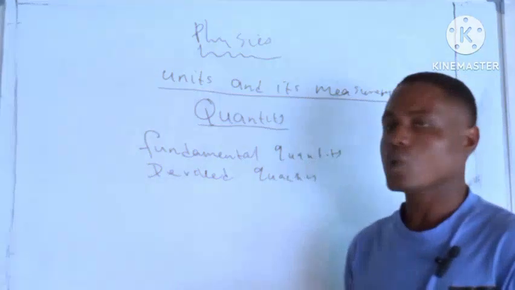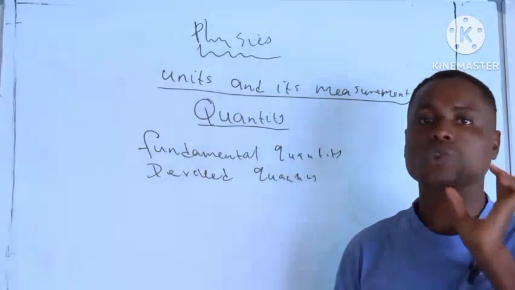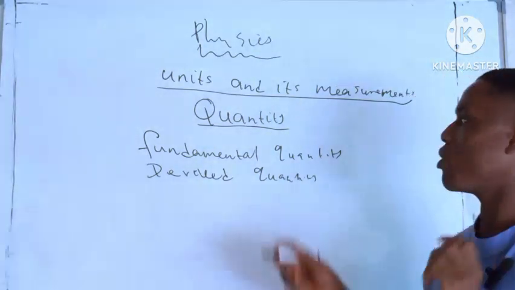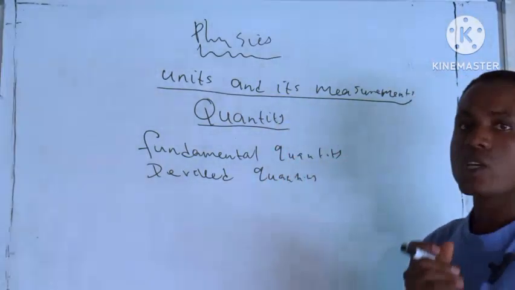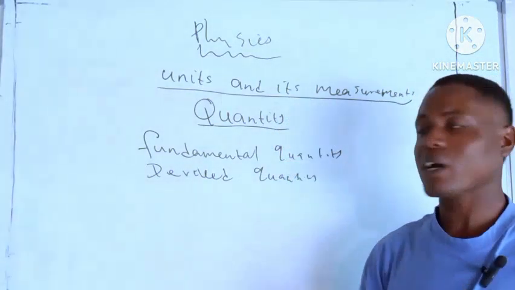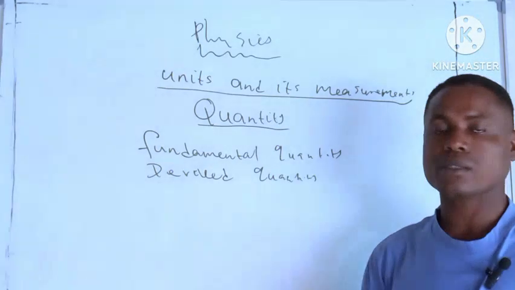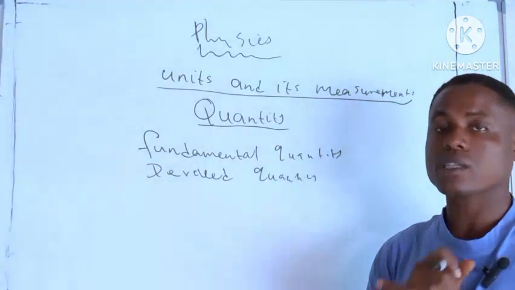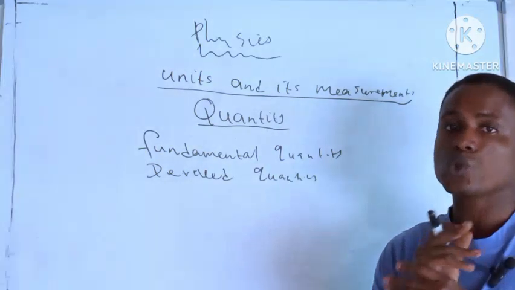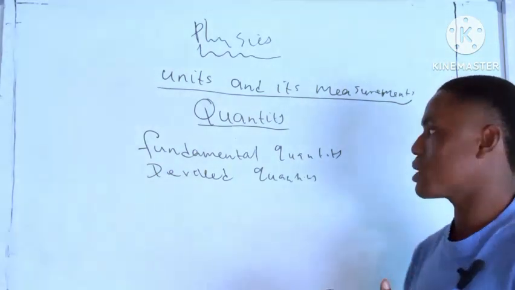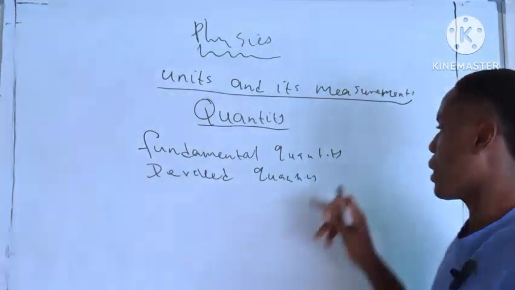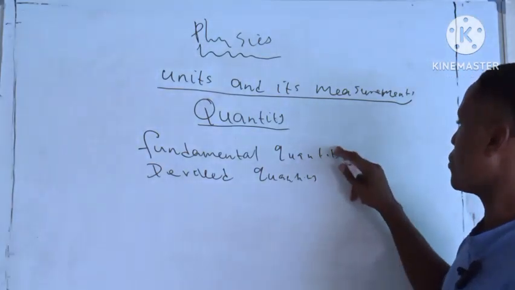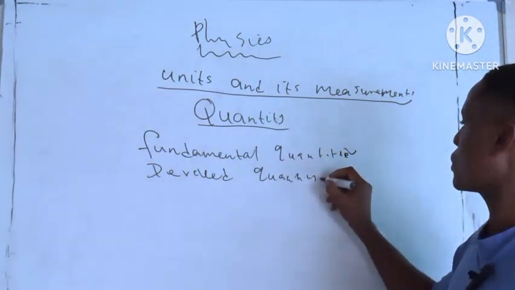So these are the two parts of quantity, meaning that quantity is divided into these two parts. So please don't forget, quantity is divided into two parts, namely fundamental quantities and derived quantities.